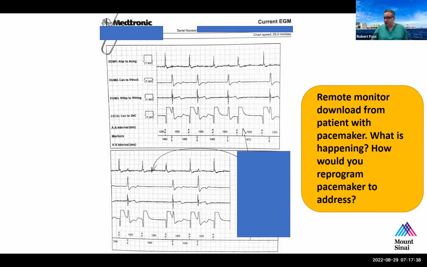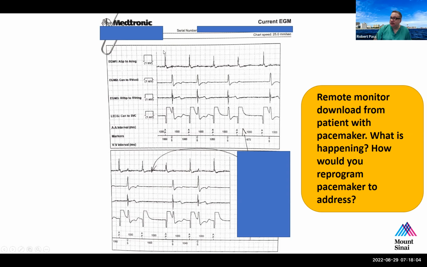So we'll just go through these so everybody understands what we're looking at here. Electrogram number 1 is the atrial electrogram, so tip to ring. These are the 2 electrodes on the end of a bipolar pacing lead. One is called the tip and the other the ring being the ground, the tip being the pacing portion. And so this is the atrial electrogram.